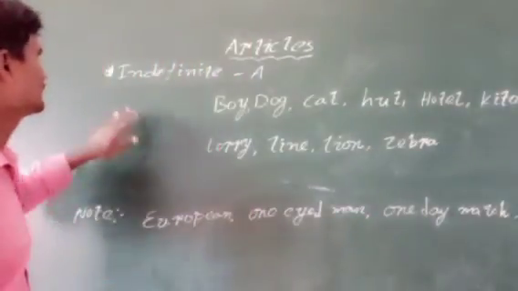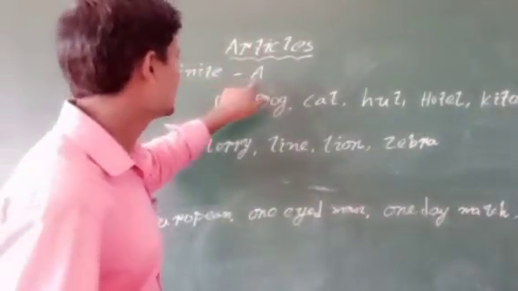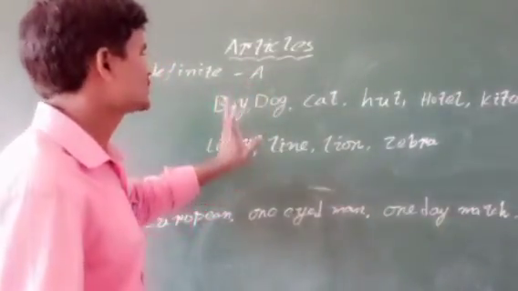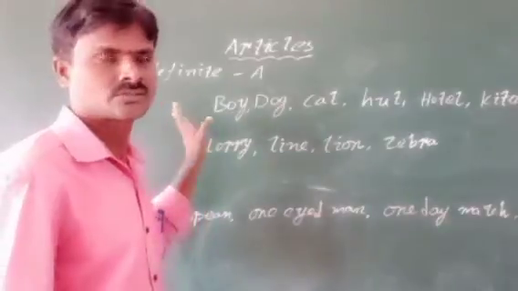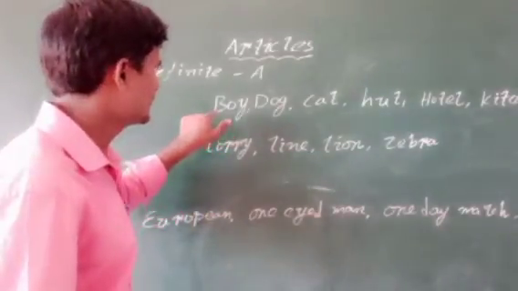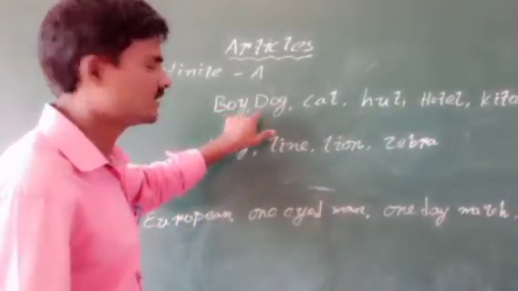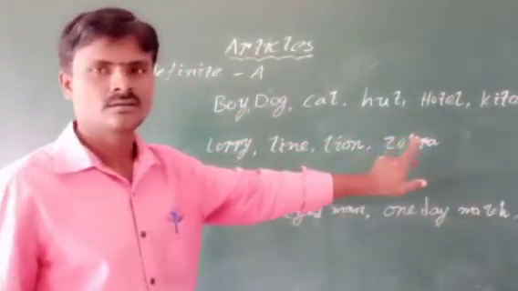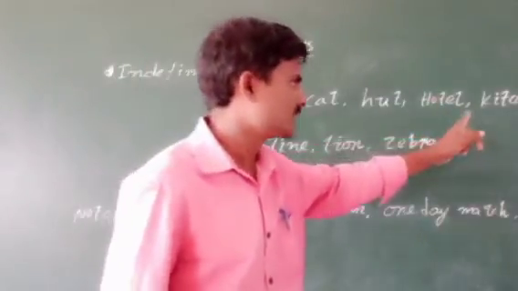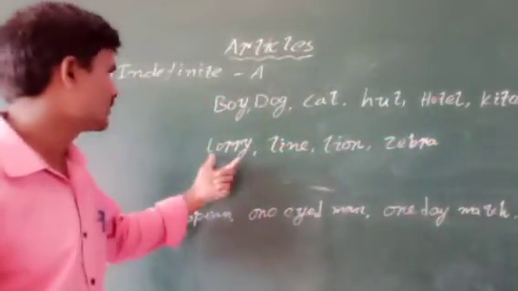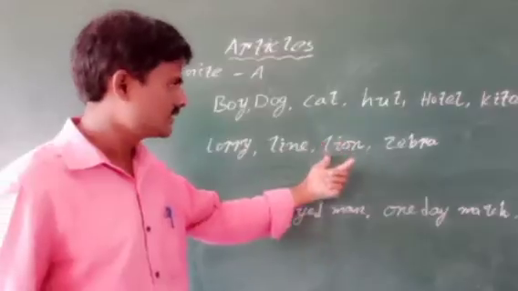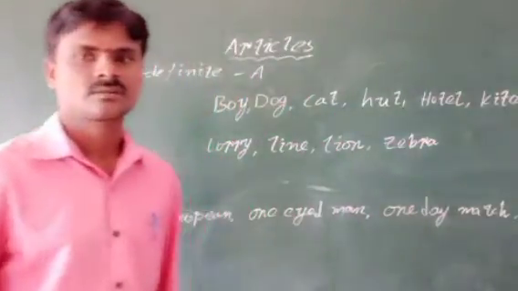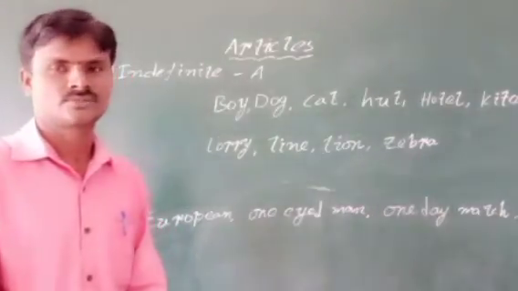See children, indefinite article "a". Now, before consonant sounds you have to use here "a": a boy, a dog, a cat, a hut, a bottle, a kite, a king, a lorry, a lion, a zebra. These are consonant sounds.